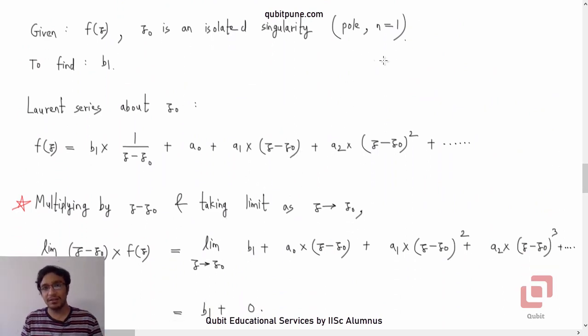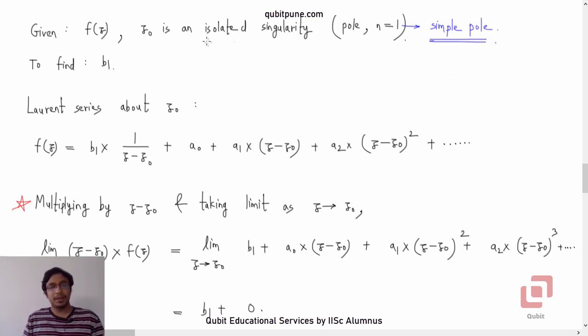We will start with the simplest case, that is a pole of order 1, often termed as a simple pole. Okay, so we have an analytic function f(z), and z0 is an isolated singularity. And it is known that it is a simple pole, and our objective is to find b1, that is the residue. Okay, what we do is we first write down the Laurent series about z0, and by writing down I don't mean we already know the values of b1, a0, a1 and so on.